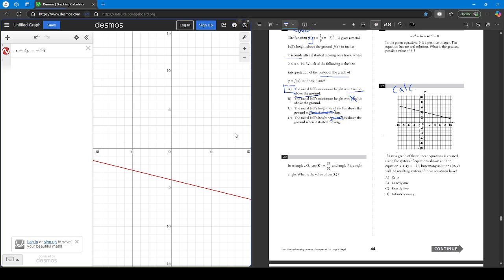So if this red line was added to this graph over here, it'd be down here, and it would never touch this point up here where the other two lines touch. So if we had those three lines in a system of equations, there would be no solution. So number 22, the answer is A.